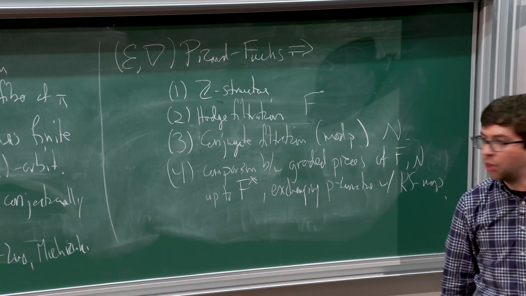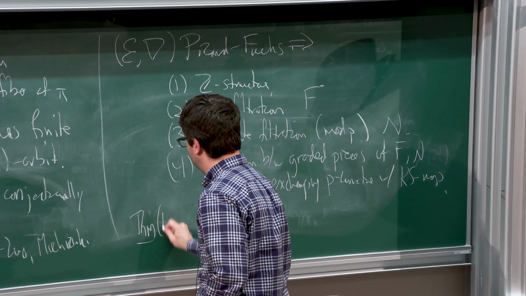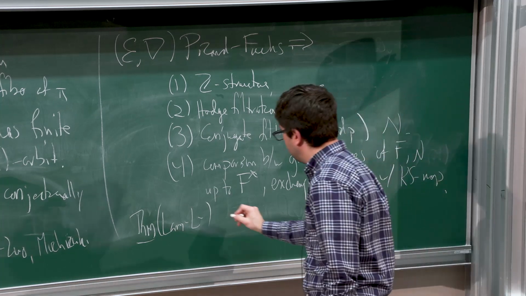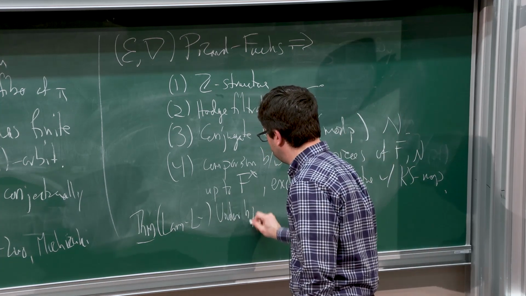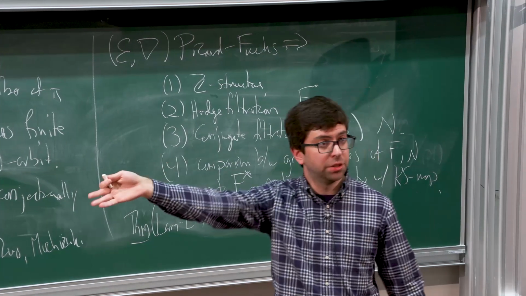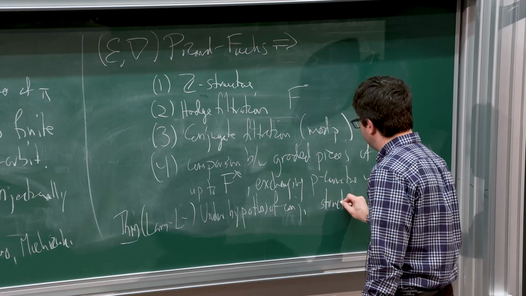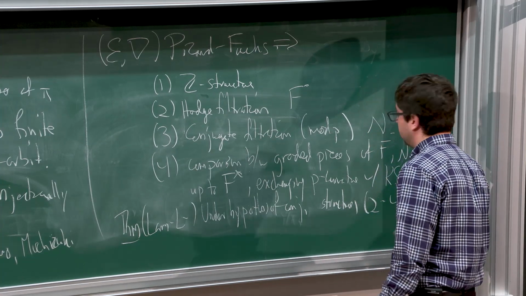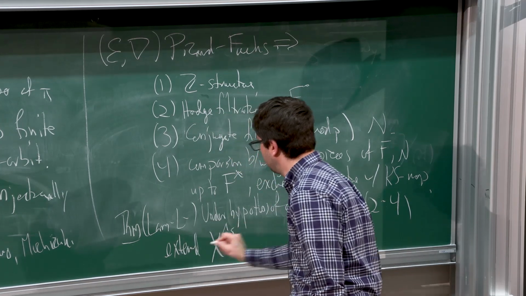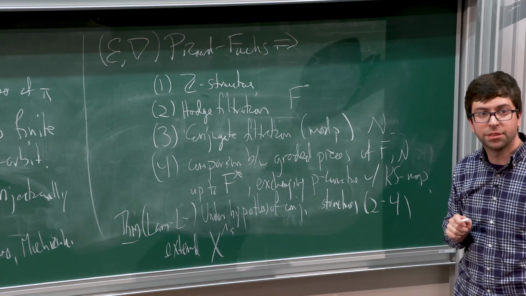Okay. So we know this on one fiber, and the real theorem with Josh is that under the hypotheses of the conjecture, if this map vanishes to the appropriate order, then structures 2 through 4 here extend to the formal neighborhood of the fiber in X. So the Hodge filtration, the conjugate filtration, and the comparison coming from Katz.